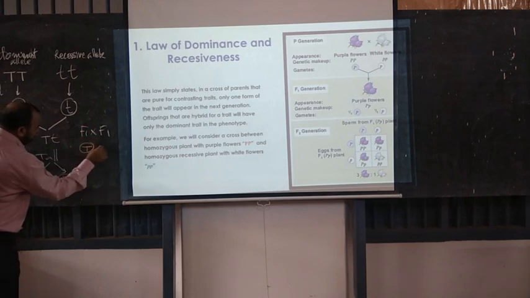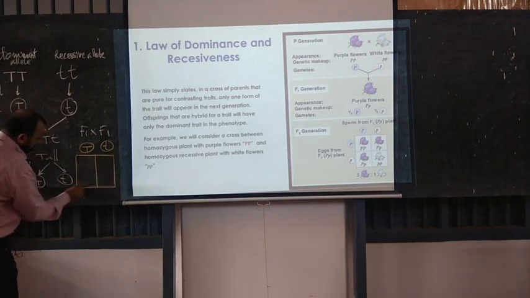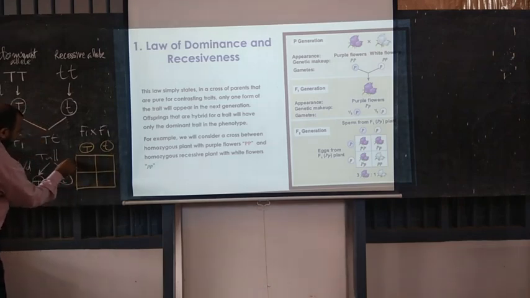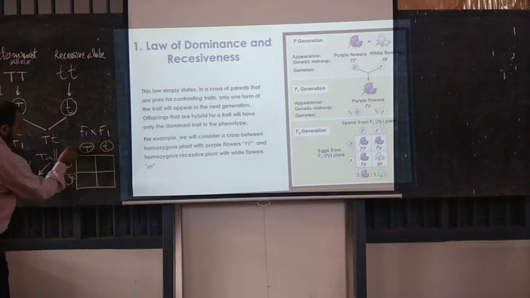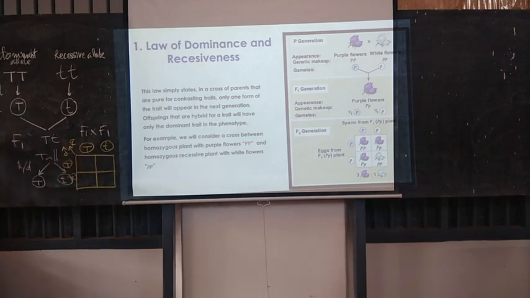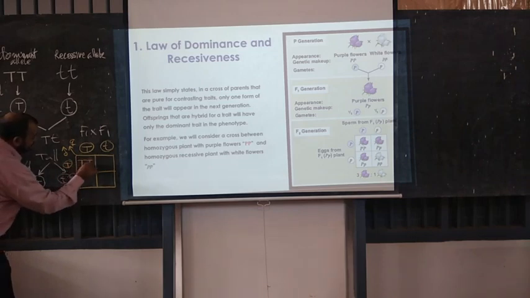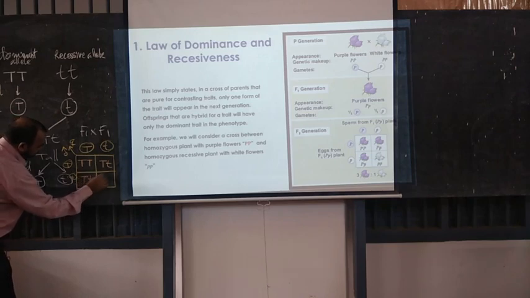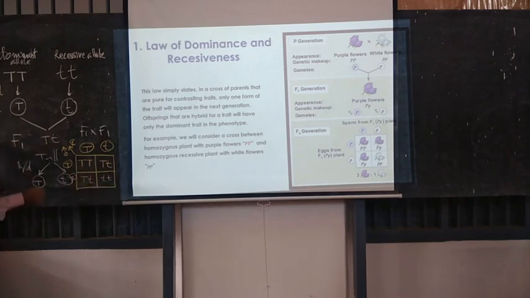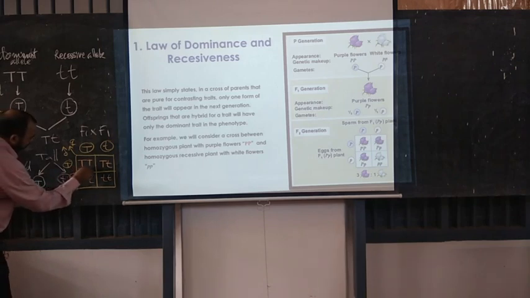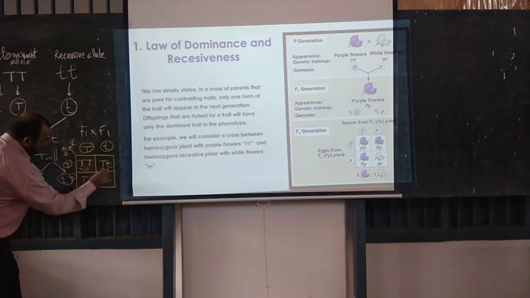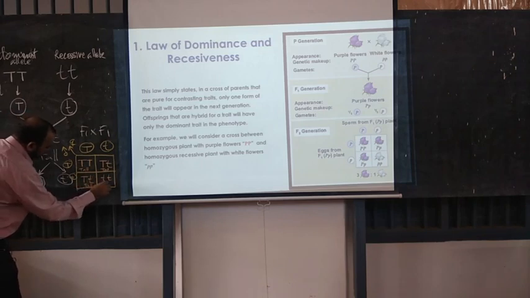So we have capital T, small t from the paternal side and capital T, small t from the maternal side. Here it will produce capital T capital T, capital T small t, capital T small t, and small t small t. Three of them will be tall, and one is dwarf.